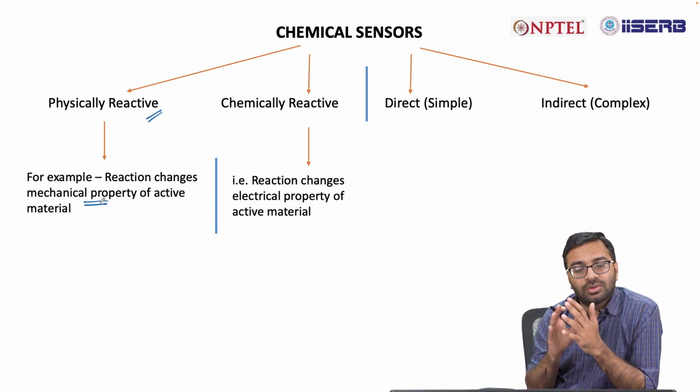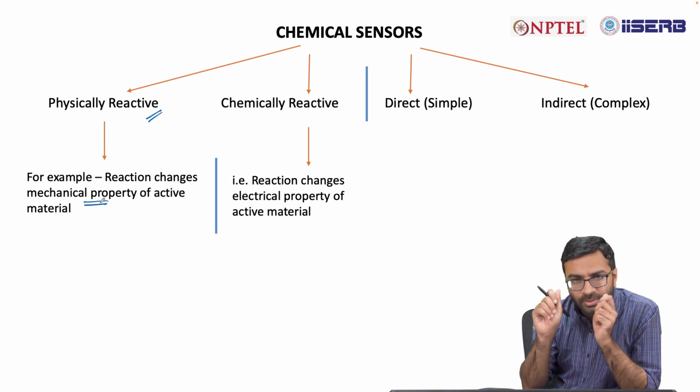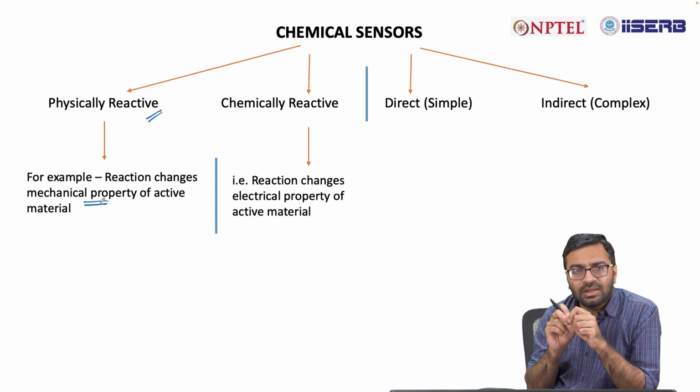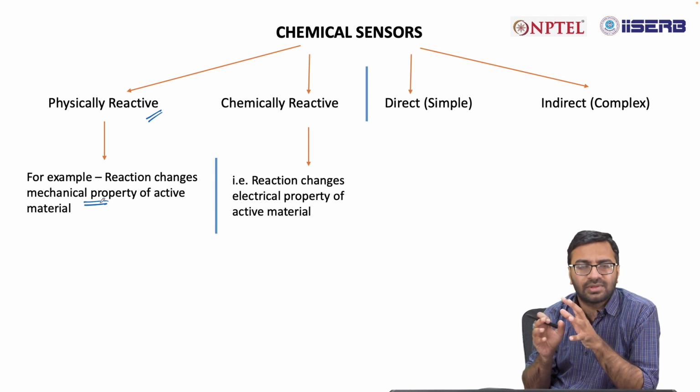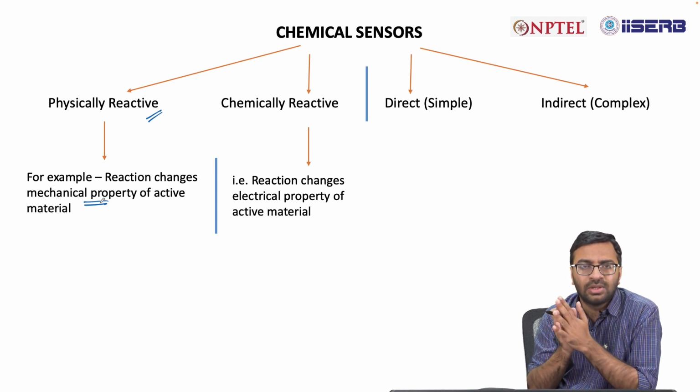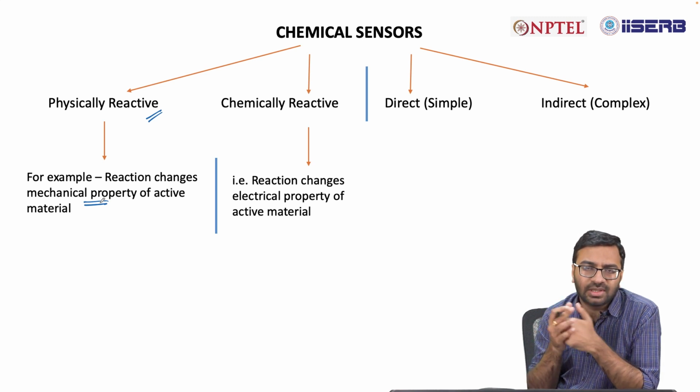What could those mechanical properties be? This could be the stiffness, softness, stretchability, flexibility, and so on, right? There are many other mechanical parameters as well, say elastic modulus. So if these are changing, then we call it a physically reactive system.